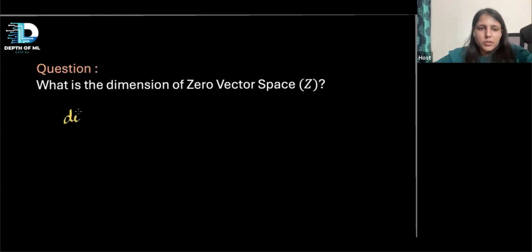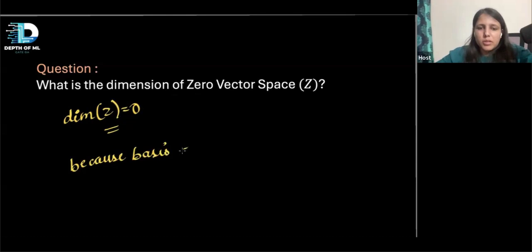Right? So the dimension of Z is 0, because the basis is empty. We don't have any vector in the basis of this. So the dimension of the zero vector space is 0. Fine.